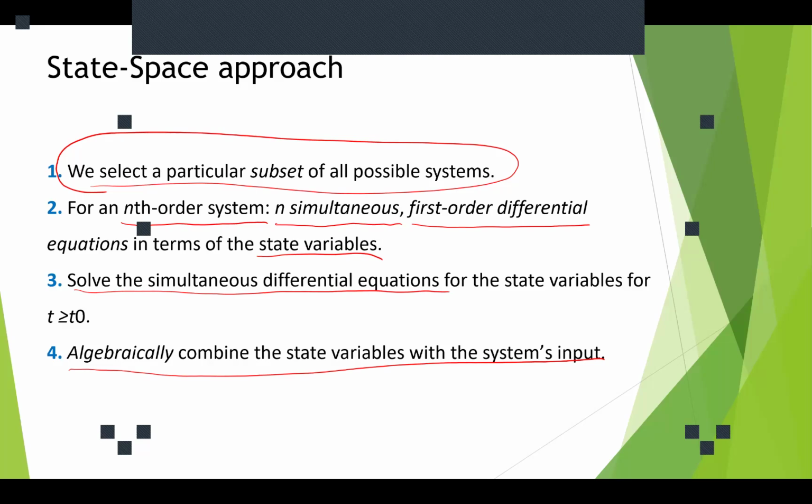You see, y is C times x plus D times u. What is this C? It's a linear combination of the components in x, right? Are we good? So y is the algebraic or linear combination of the state variables plus the linear combination of the system's input.